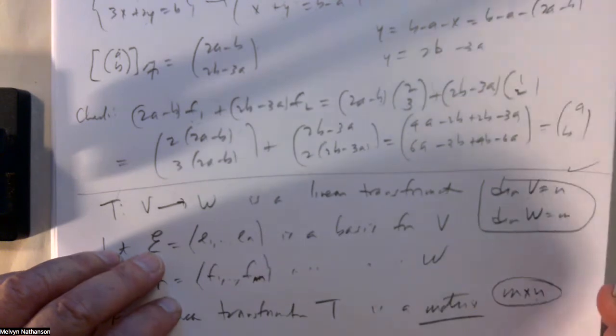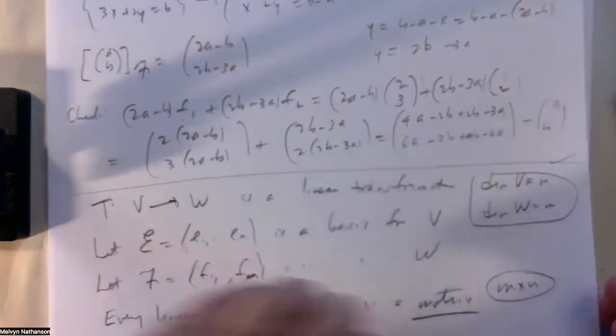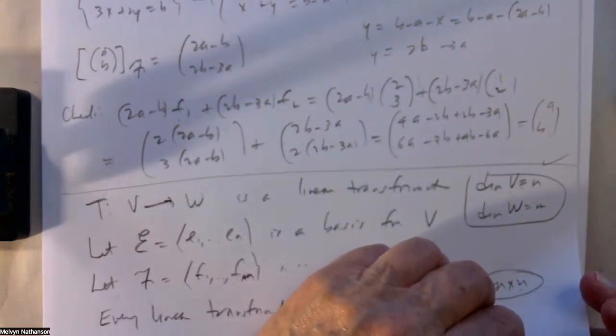So let me show how to do this. And this is really all we need to know about matrices and linear transformations in this course. But it is a basic fact that you really do need to know.